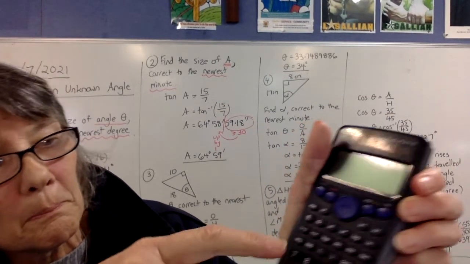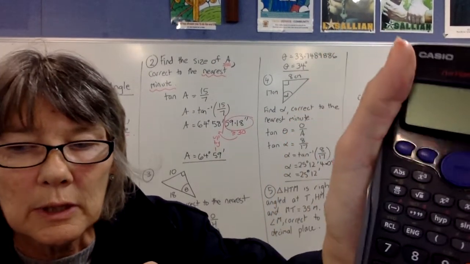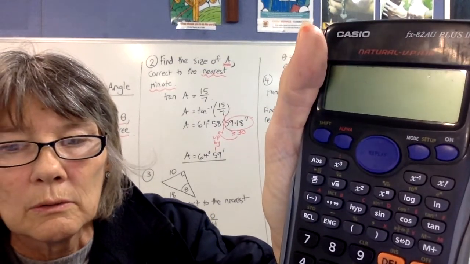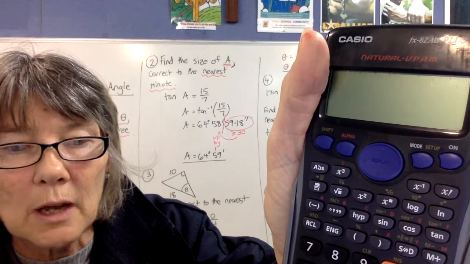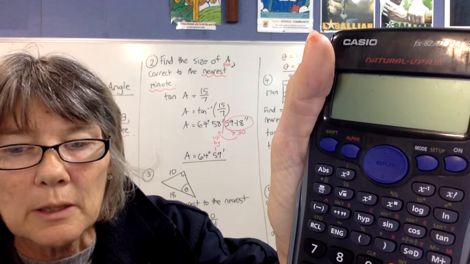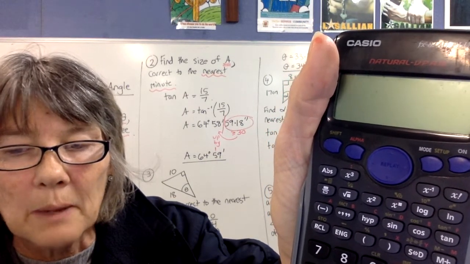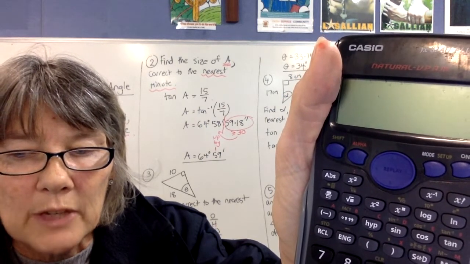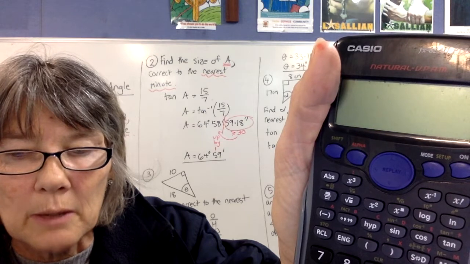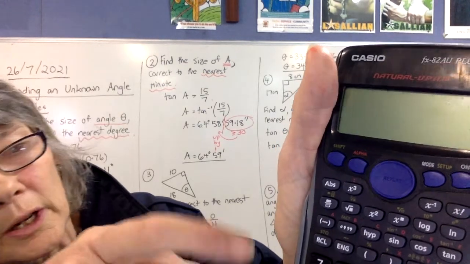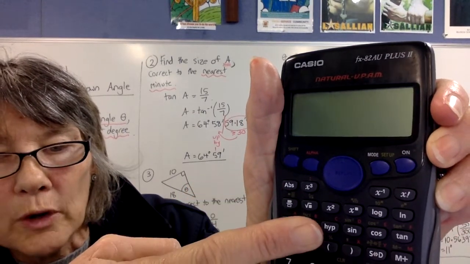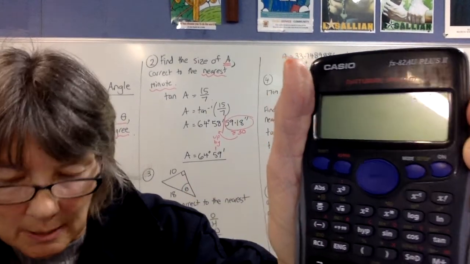Now, if you look above those things really carefully in yellow, above sine it says sine to the power of -1. Above cos in yellow it says cos to the power of -1, and above tan in yellow it says tan to the -1. To get those functions working, you need to be pressing the shift button up here before you press the sine or the cos or the tan.